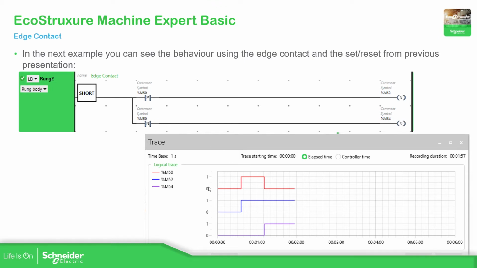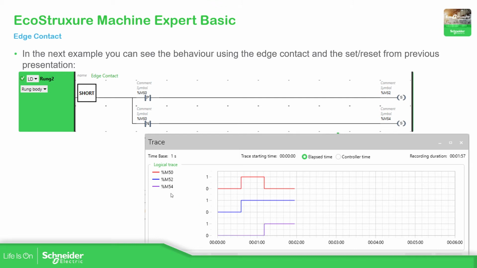So you can see here in the trace that the M50 is 0, 0, and 0, but when it goes to 1, it sets the M52 that I have here, and it remains set. And when this M50 goes to 0, it detects the falling edge here, the negative, and it sets the M54 to true.